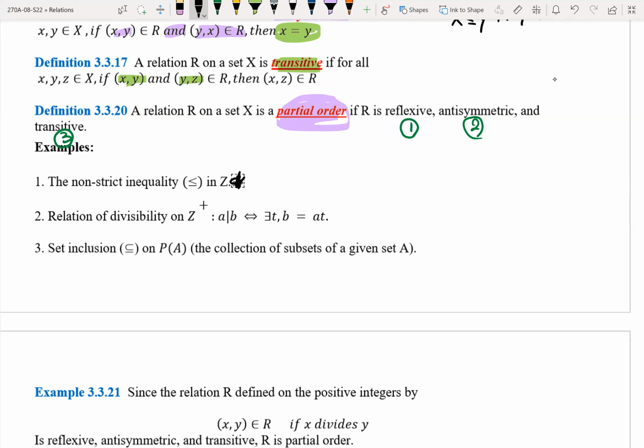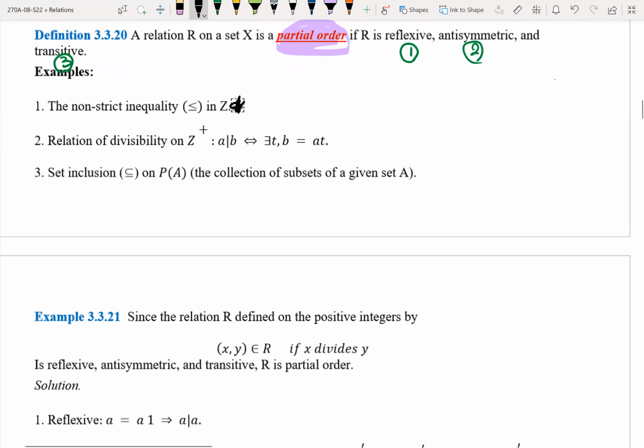It is reflexive, anti-symmetric, and transitive. So this is a good example for partial order. Actually, that's the only reason we call this one partial order: because of that inequality, it gives you order of real numbers, the numbers on the real line ordered from the smallest to the biggest, right?